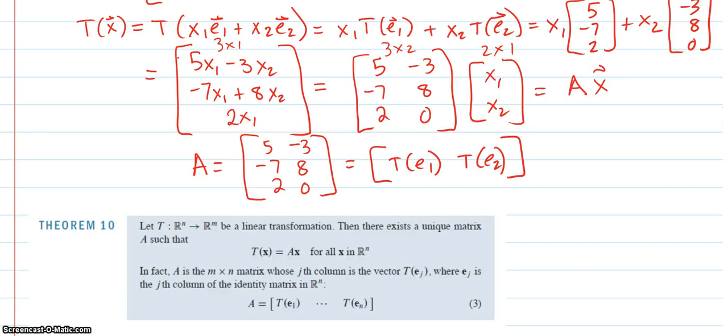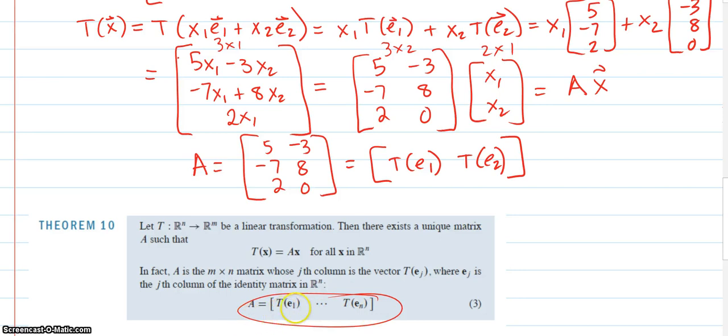In fact, the actual matrix A that you find is an m by n matrix whose jth column is the vector T of e_j, where e_j is the jth column of the identity matrix In, and there it is. That is going to be the A.